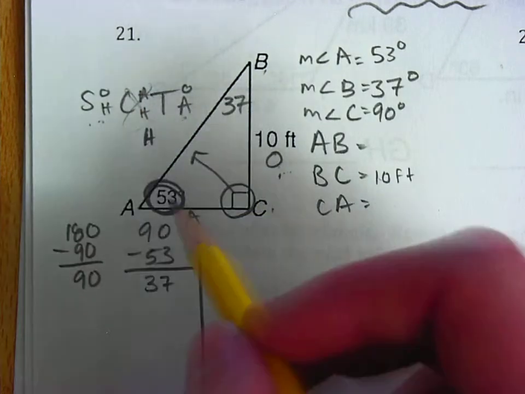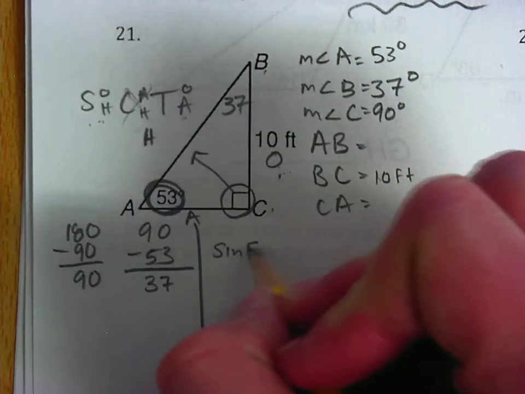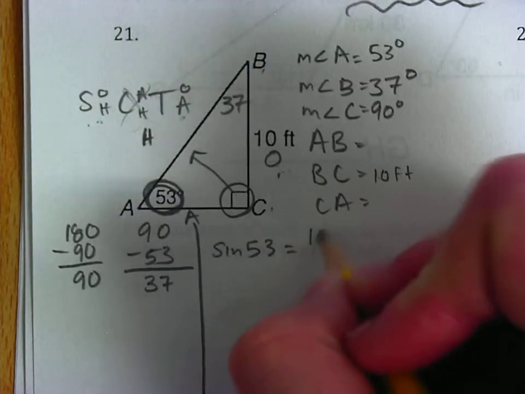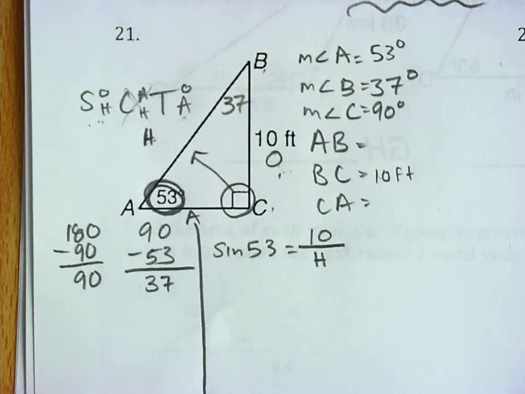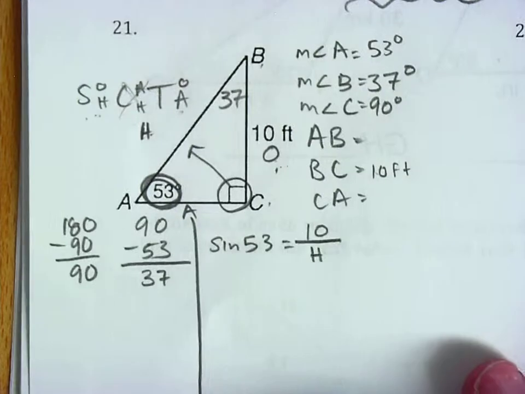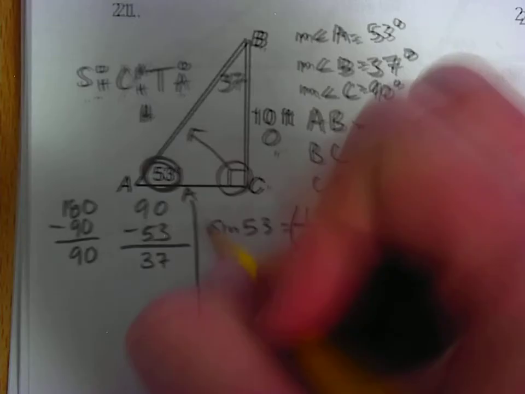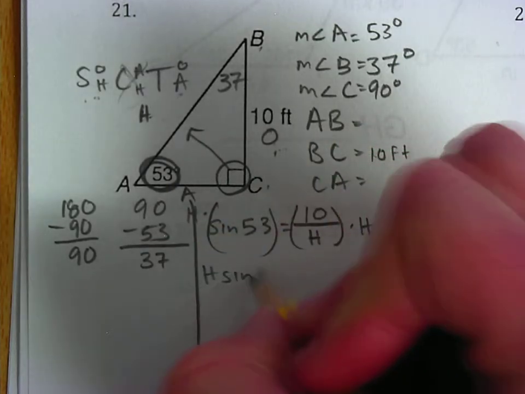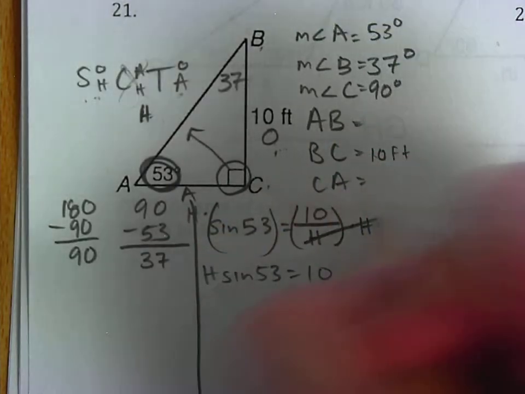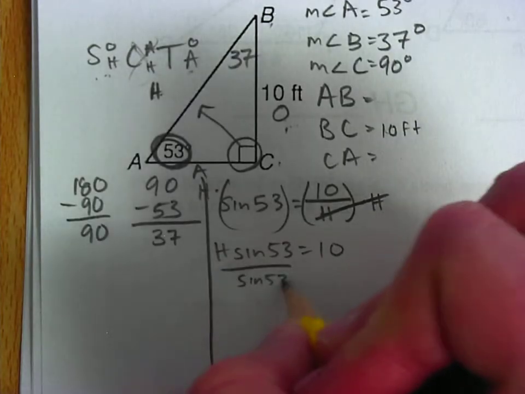So here we go. We're going to start with the sine. The sine of 53 is 10, or opposite, over hypotenuse, or over h. And we just want to find h now in order to get that side. So we times by the denominator, times by h. H sine of 53 equals 10. And then divide by the sine of 53.